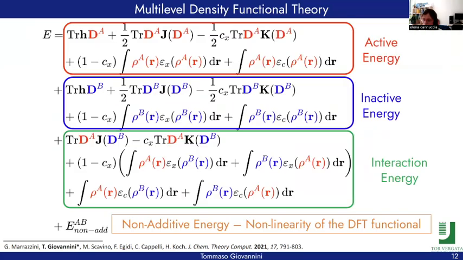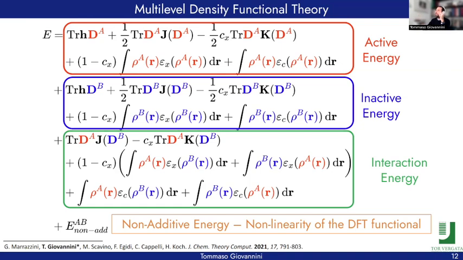Once you have determined dA and dB, you construct this energy and the associated, let's say, Fock operator. Then you just optimize dA with these energetic contributions, so only dA will vary in your self-consistent field procedure.